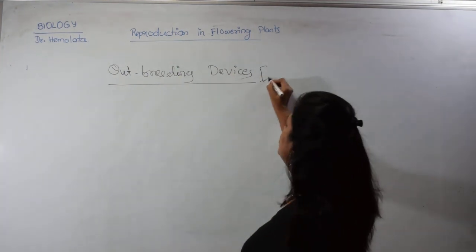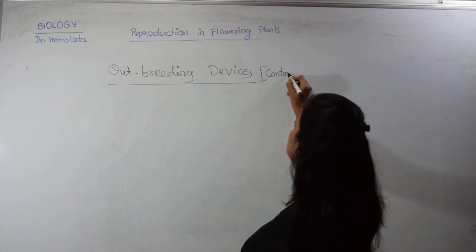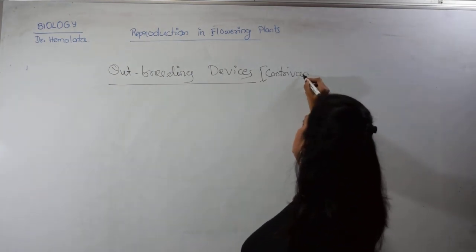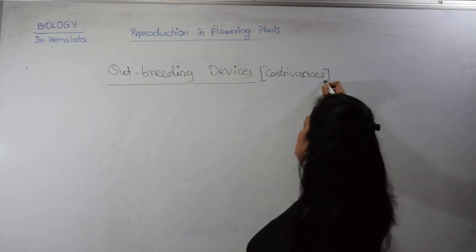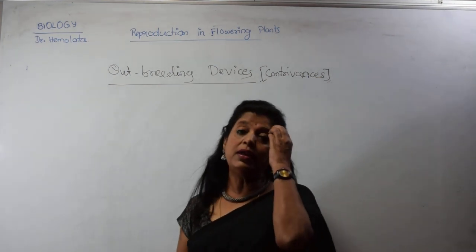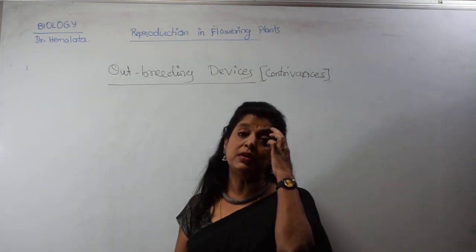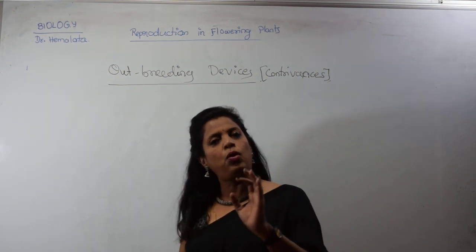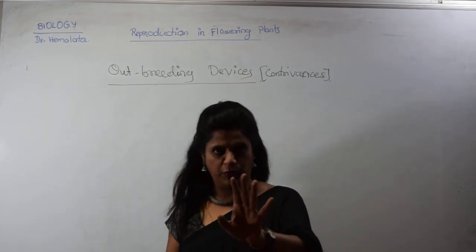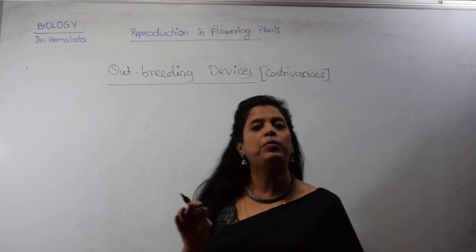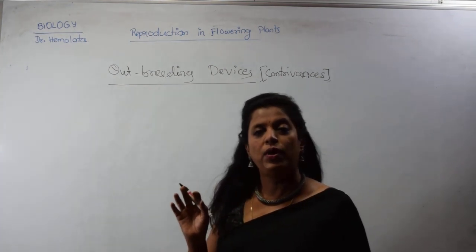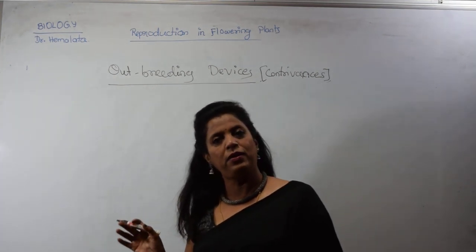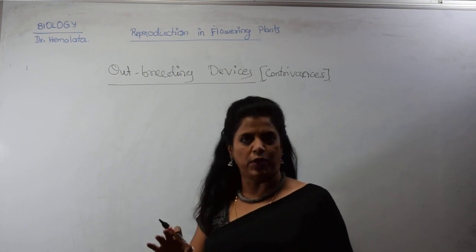Another way they can ask you is, what are the contrivances for cross-pollination? Both are the same, right? Then let us learn what are the characteristics in plants to avoid self-pollination and undergo cross-pollination. That is the outbreeding device, to help cross-pollination and to stop self-pollination.